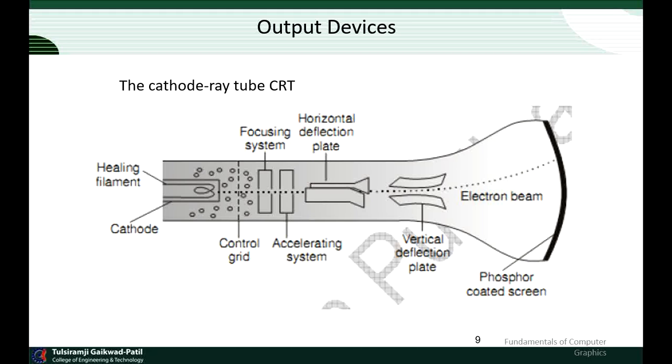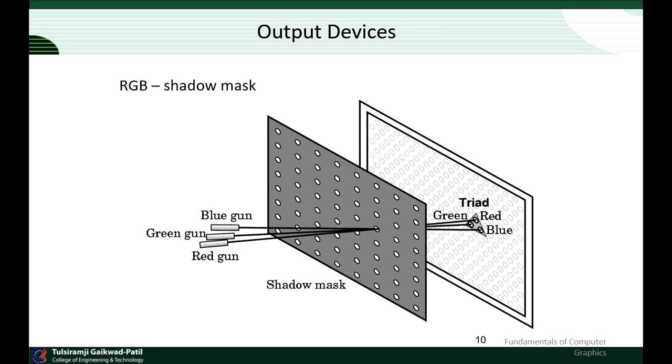Because of that characteristic of phosphor, when the electron beam strikes the phosphor coated screen, illumination is there on the screen at a particular part of the screen according to its coordinate value. So this is all about the output device, that is cathode ray tube.